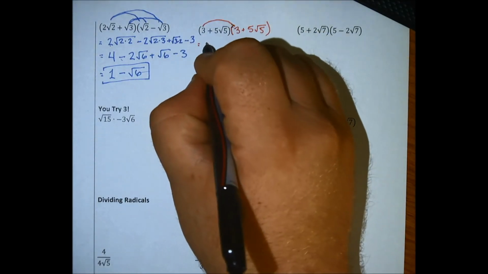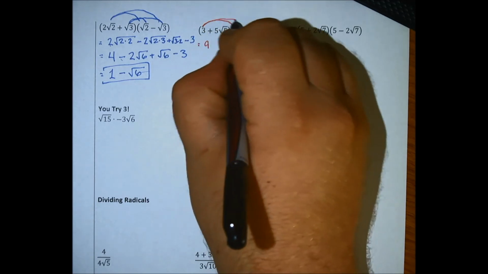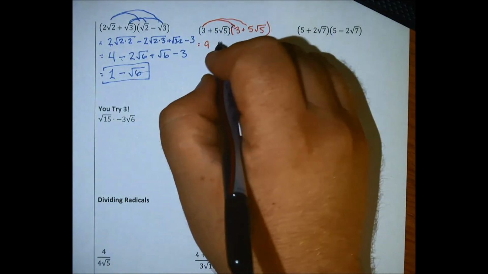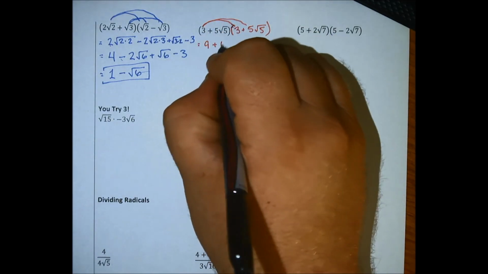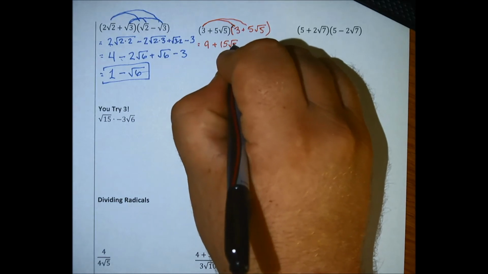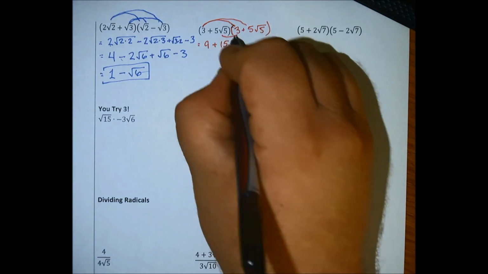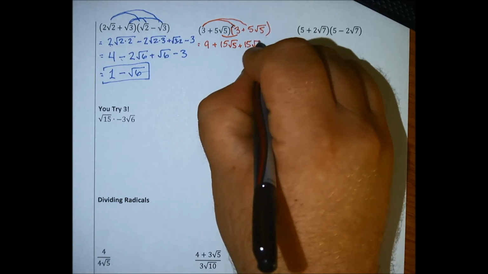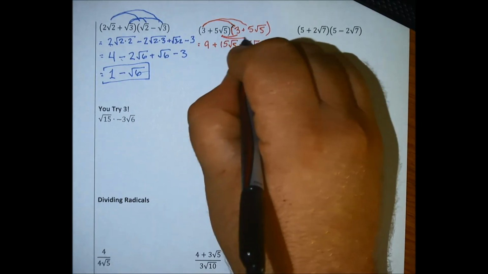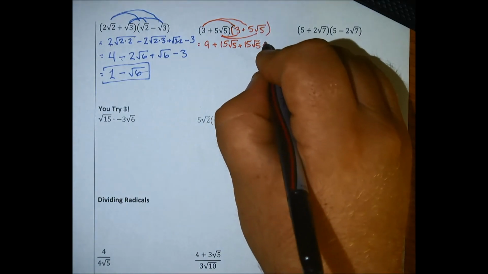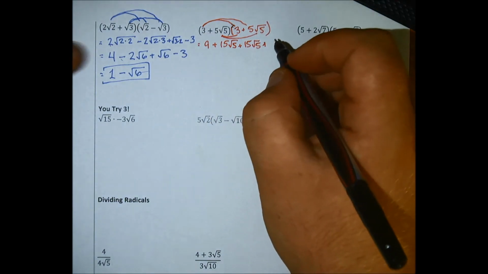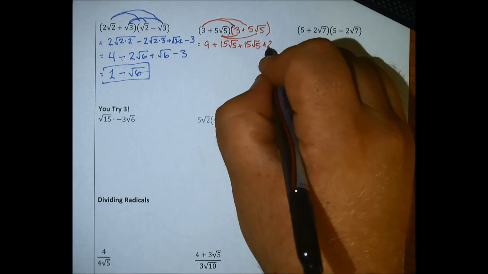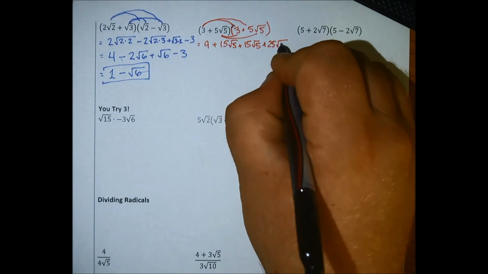So that's going to be 3 times 3, which is 9. 3 times 5 root 5, which is just going to be 15 root 5. Down here I have the same thing, 15 root 5. And then the last, that's always kind of the tricky part, but it's going to be a plus. 5 times 5 is 25, square root of 25.